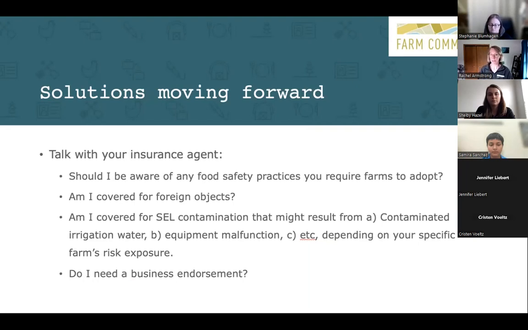Should I be aware of any food safety practices you require farms to adopt? I mean, ideally, they would tell you when they sold you it if you're required to do something, but it doesn't always happen. So ask that question specifically. Then we move through our specific trends we covered today. Am I covered for foreign objects?